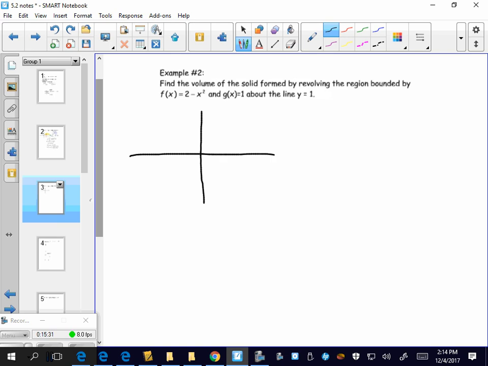All right, 2 minus x squared, that is a parabola which opens down, with a y-intercept of 2. So it's going to look something like this. g of x equals 1, that's like saying y equals 1. So that's going to be a horizontal line. Looks something like this.